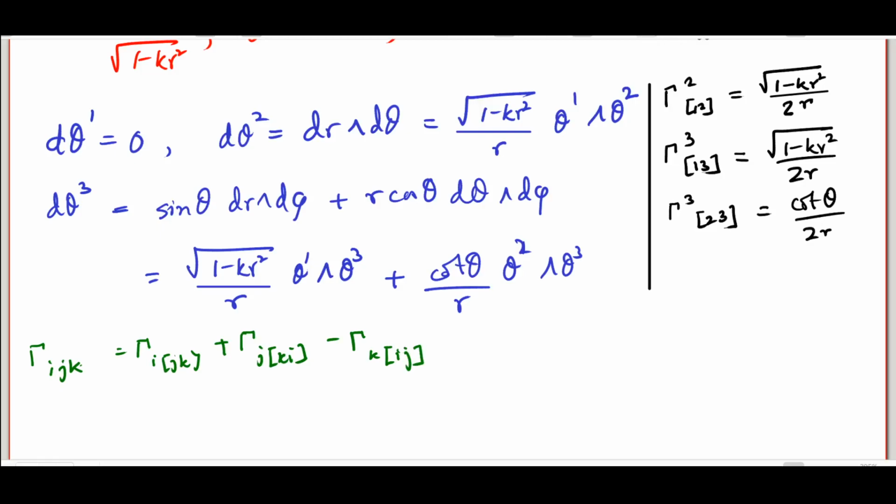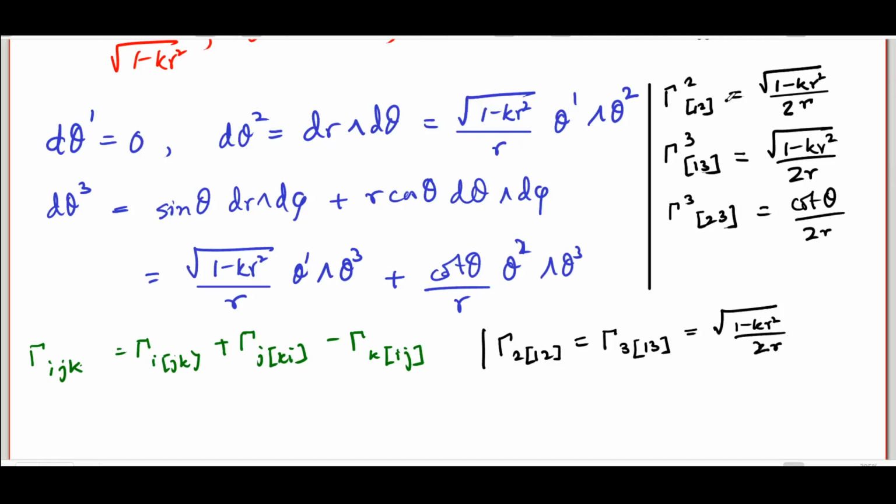And in order to use this, what we need to do is lower the indices on each of the three non-zero expressions that you have here. But of course, in this case it's rather trivial because our G, the metric, is simply the identity. So these are the non-zero terms. Γ_2[12] and Γ_3[13] are both given by root over 1 minus kr² over 2r.